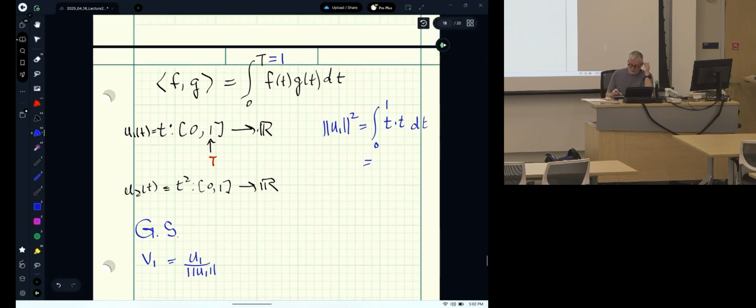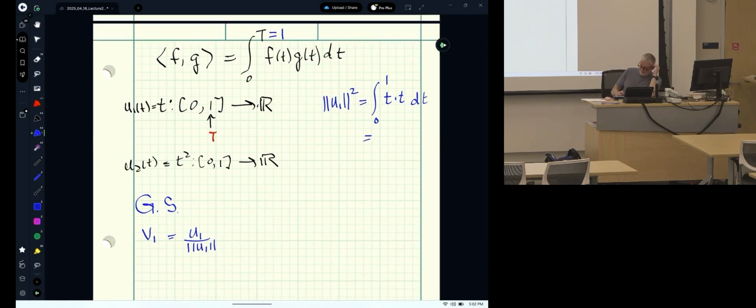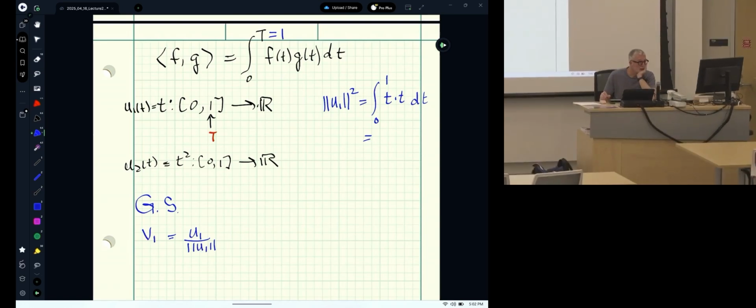What I want you to believe is that you can apply Gram-Schmidt to functions. So the integral from 0 to 1 of t squared is equal to 1/3.